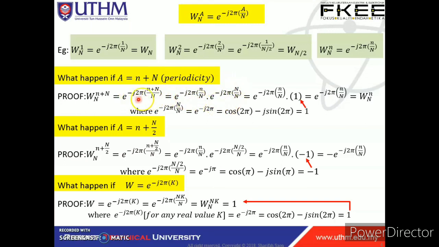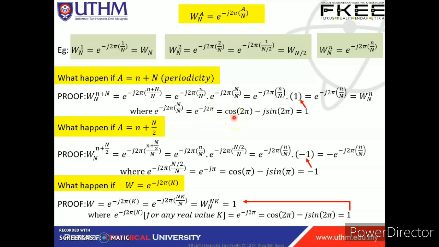The first part is exponent negative j 2 pi small n over N, and the other part is exponent negative j 2 pi N divided by N. We multiply both parts and simplify the equation, where for exponent negative j 2 pi N over N, we can cancel out the N. So the remaining will be exponent negative j 2 pi.